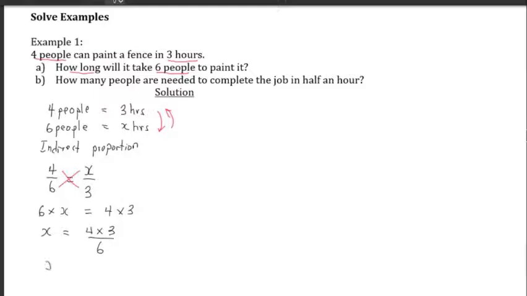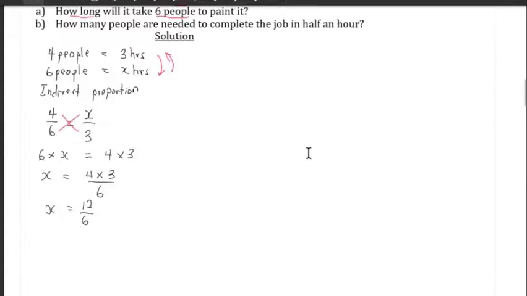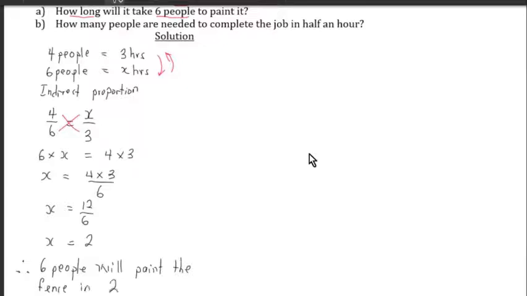Since the numbers are not too huge, I can multiply and then continue. So I have 12 divided by 6. And my answer will be equal to 2. So I have x is equal to 2. So therefore, 6 people will paint the fence in 2 hours.